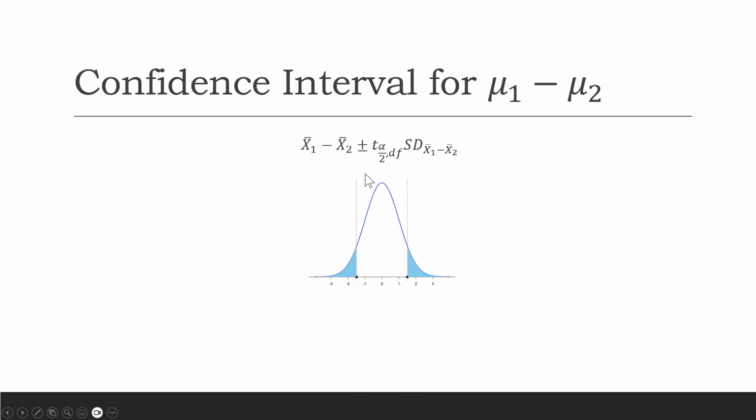So that 5%, or 0.05, divided by 2 is 0.025. So this area here is 0.025 and this area here is 0.025 if we want to do a 95% confidence interval. And so we could use a function in R or in JASP, like our qnorm, if you remember that from before, but now it's a t distribution, so it's a qt function.